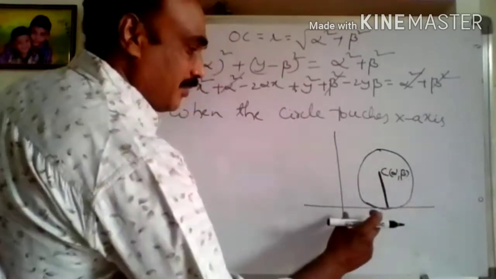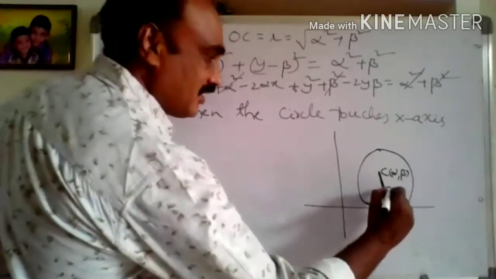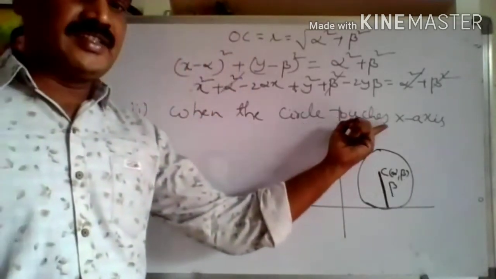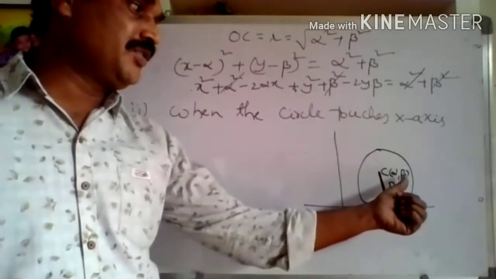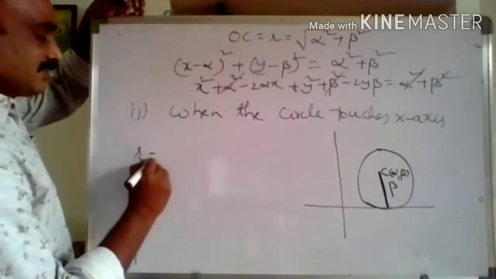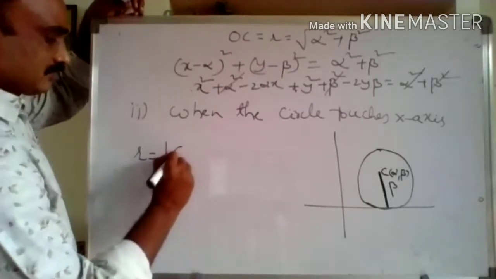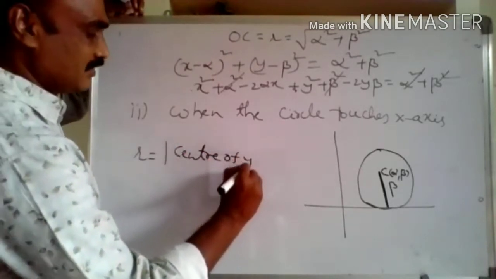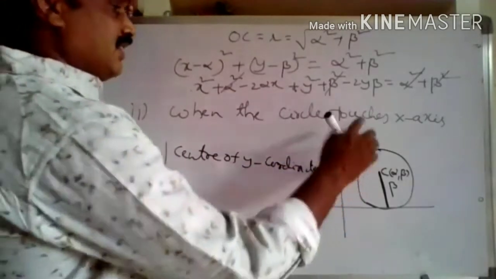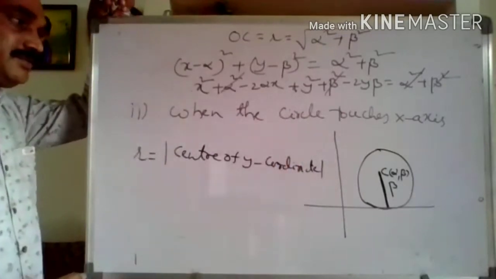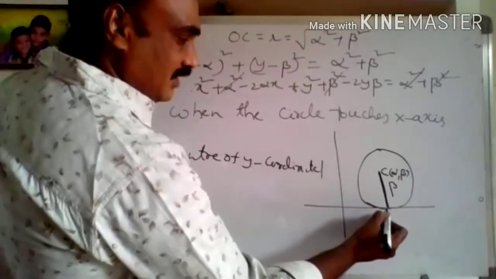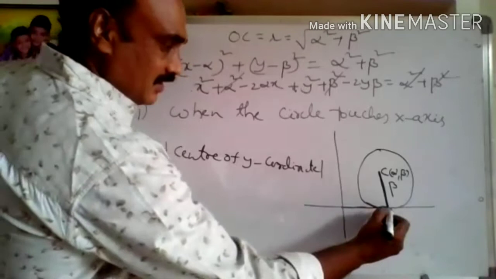Let (x, y) be any point on the plane. This distance is equal to x, this distance is equal to y.